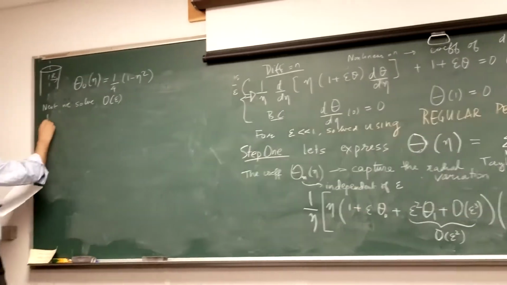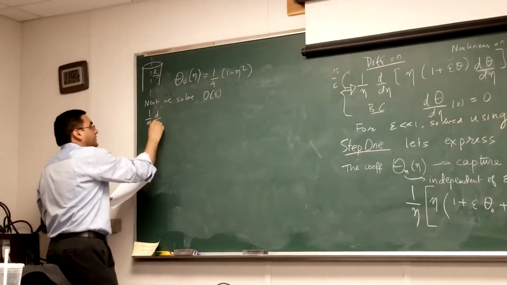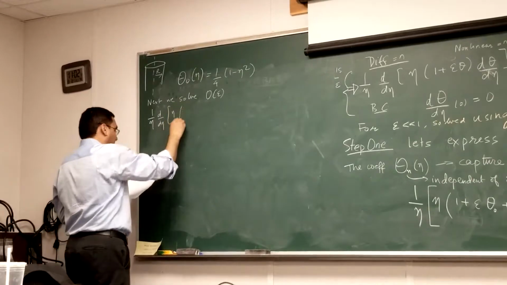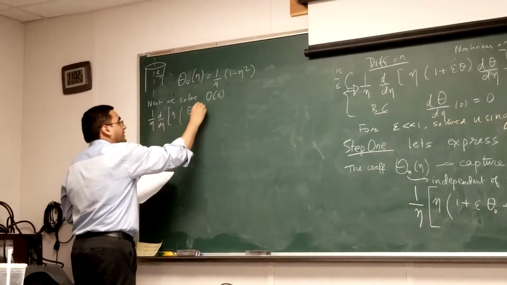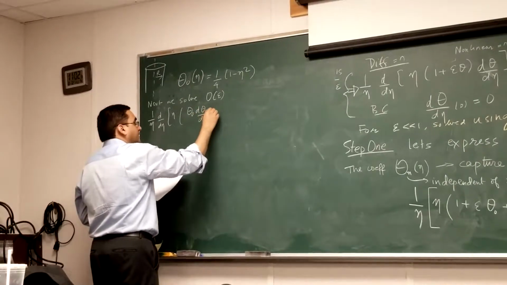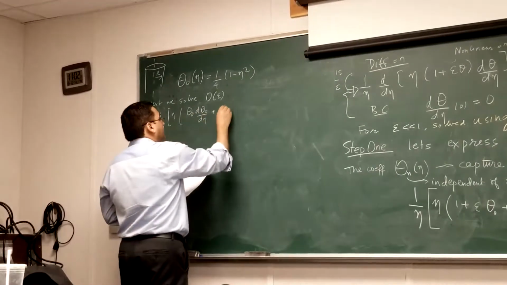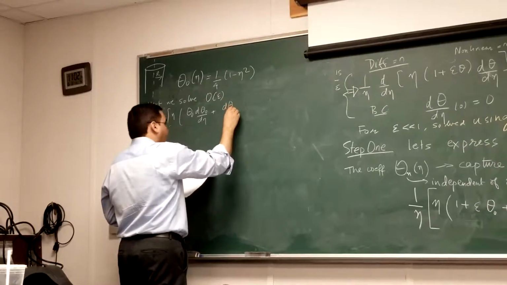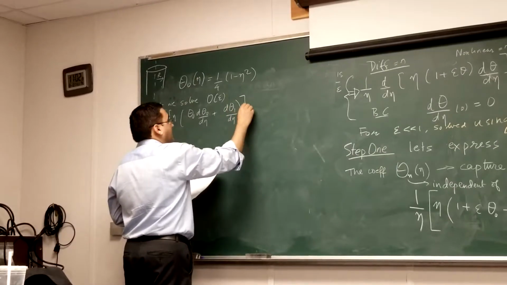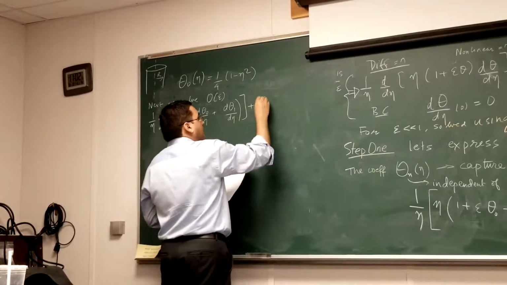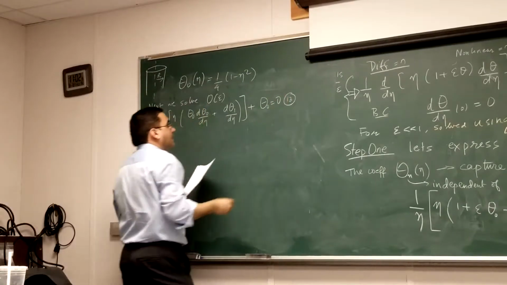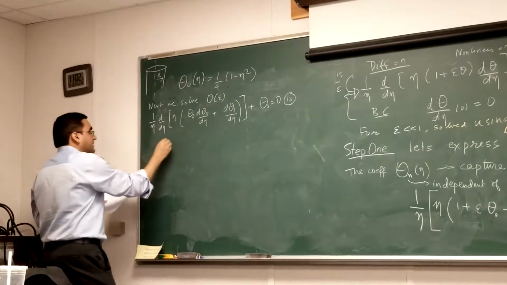that becomes 1 over eta d over d eta of eta multiplied with theta naught d theta naught over d eta plus d theta 1 over d eta plus theta naught equals 0, and I'll get to boundary conditions, which you can see again.